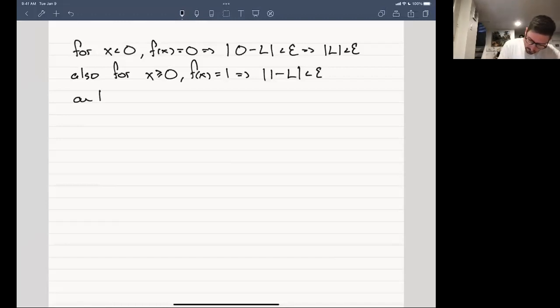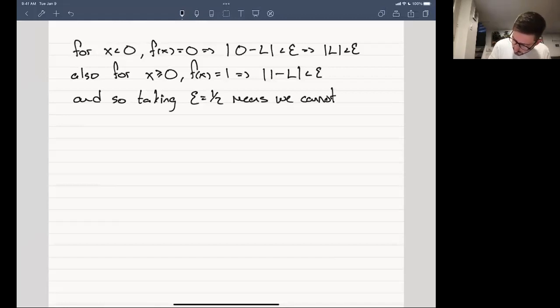And so taking epsilon, say, equal to 1/2 means we cannot find such an L, right?